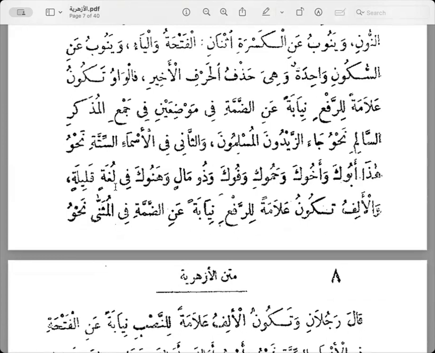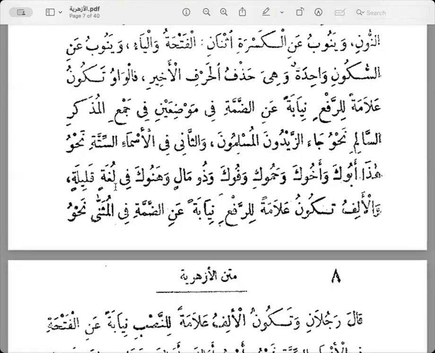Right, hamuki. Fuka, your mother, your mouth, sorry, not your mother, your mouth. Right, you say bifika turab. Right, that's a curse in classical Arabic. May dirt be in your mouth.